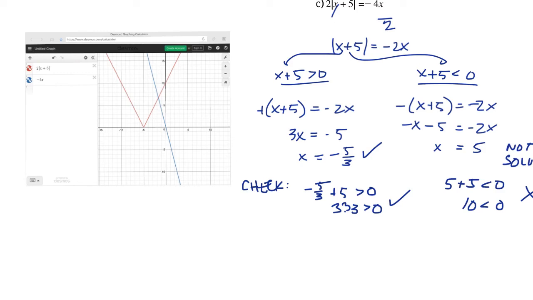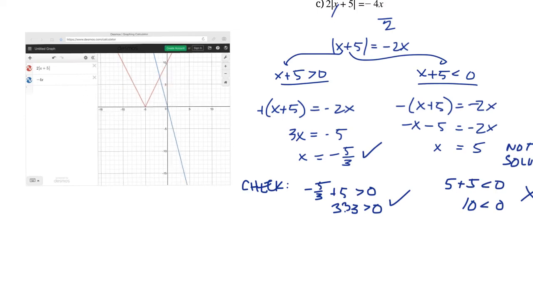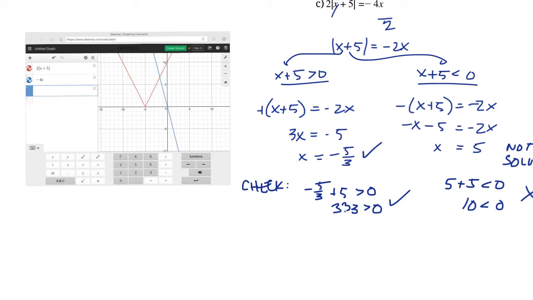And will that negative branch ever touch the blue line? If we continued it down here, yes, it would, right? It would intersect somewhere down here. And I can show that to you very clearly if I just plug in that negative branch. The negative branch was negative x plus 5, oh, actually, not negative x plus 5.